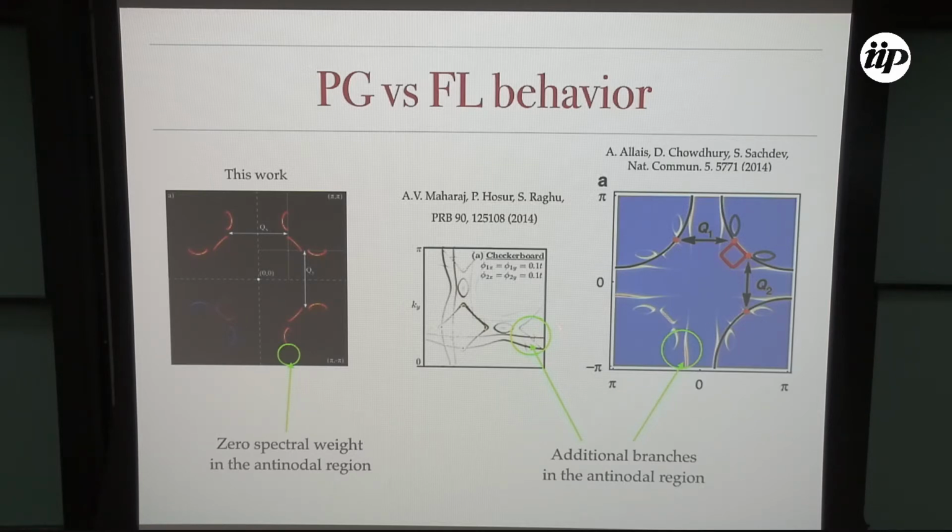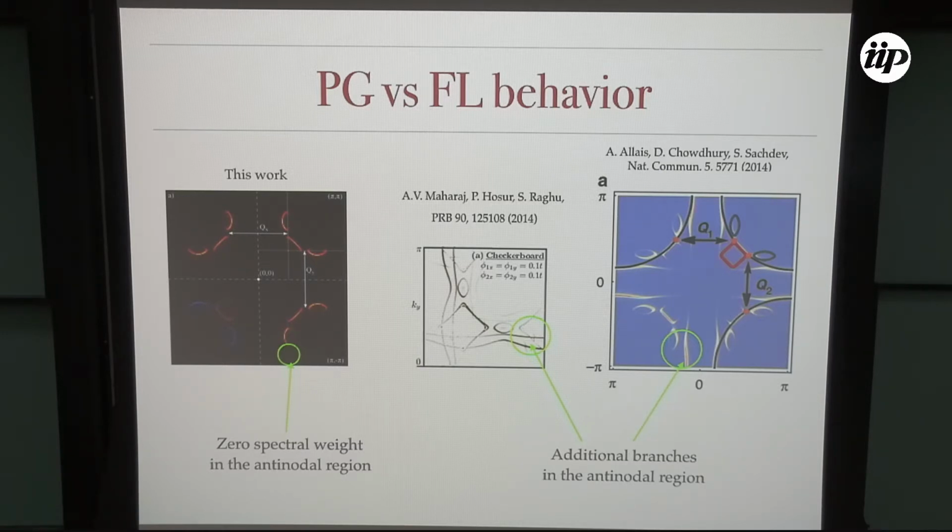In the case of a model based on tight-binding without Coulomb repulsion, we have an additional branch in the antinodal region, which corresponds to the Fermi liquid cylinder, which is also not present in the ARPES data.